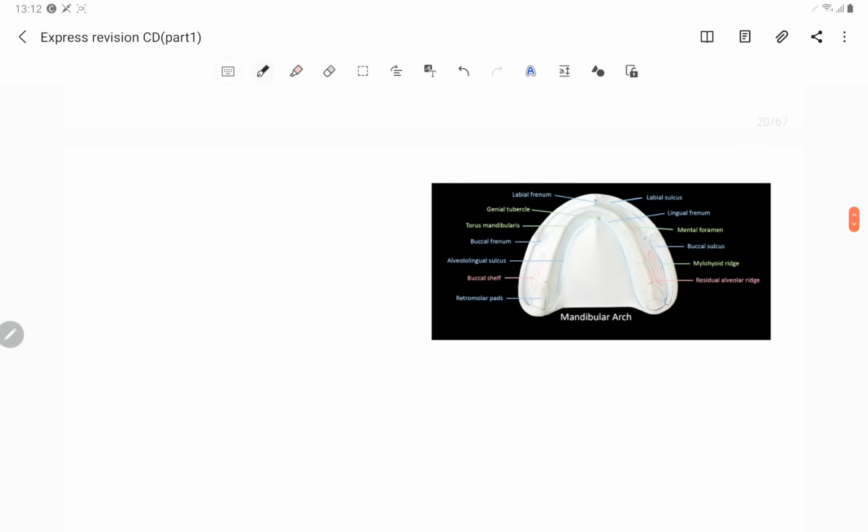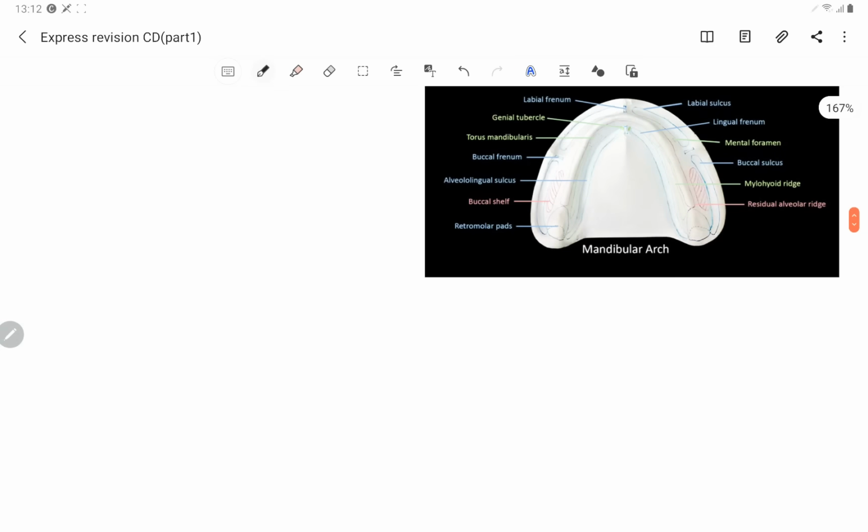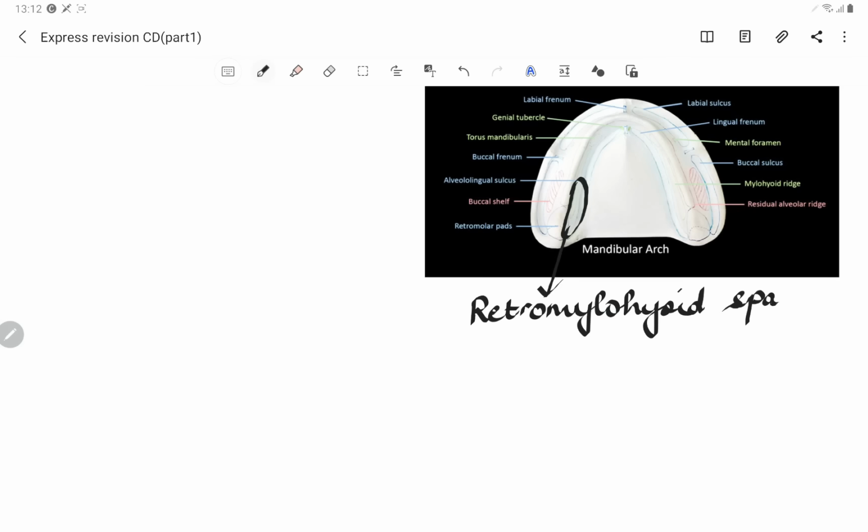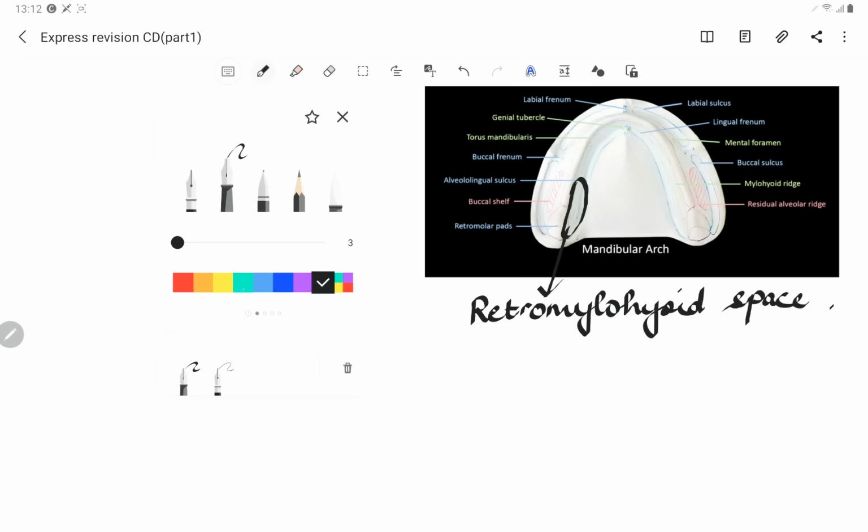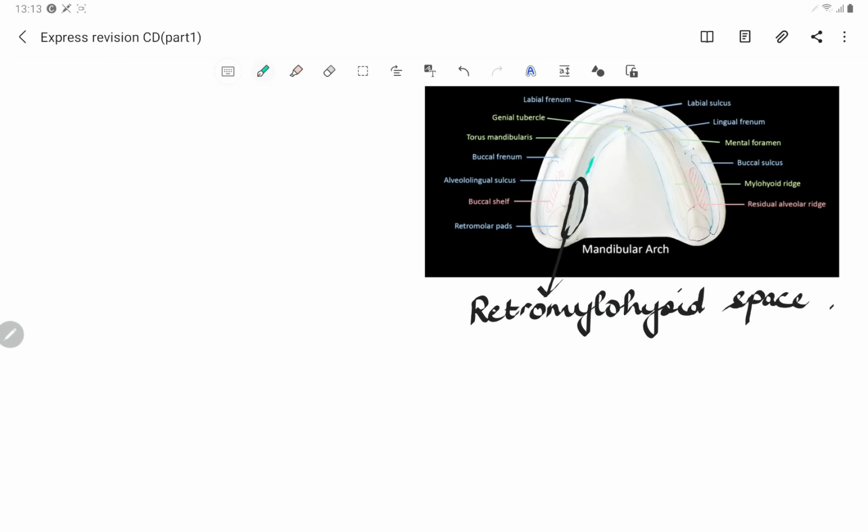Now if we talk about the retromylohyoid space, this particular space is the retromylohyoid space, which is distal to the alveolingual sulcus. So this particular part is the alveolingual sulcus, right?